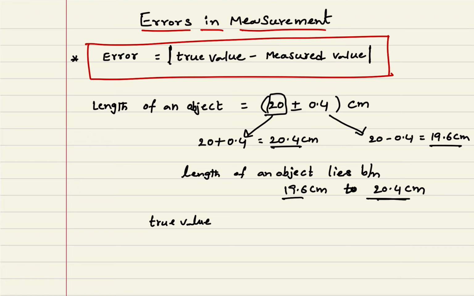We can say that the 20 here is the true value. This 0.4 is the uncertainty in the measured value.